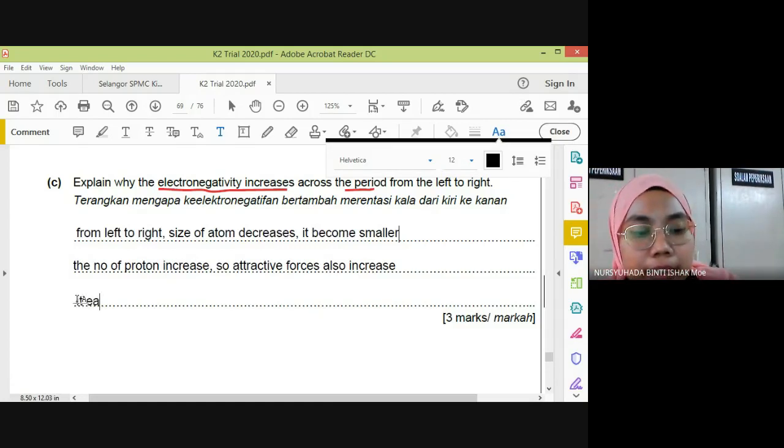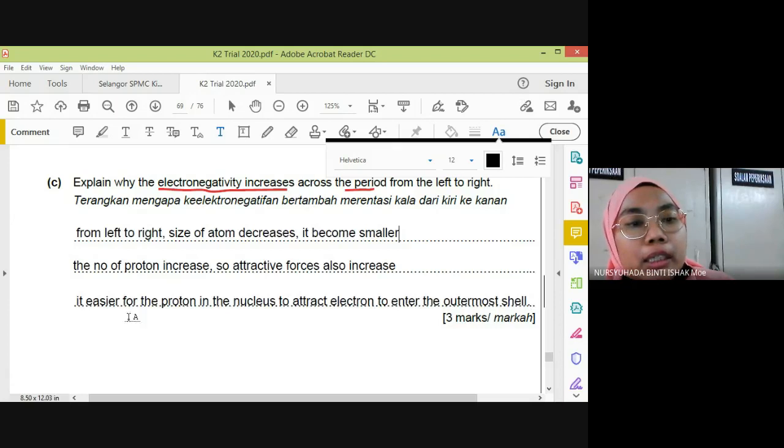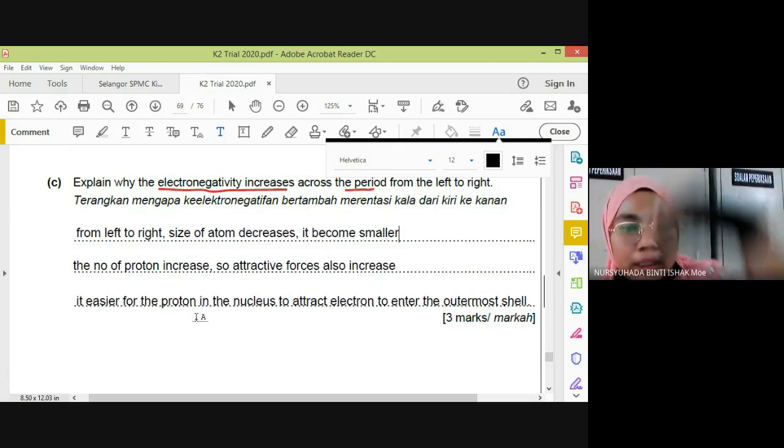It's easier for the proton in the nucleus to attract electron to enter the outermost shell.